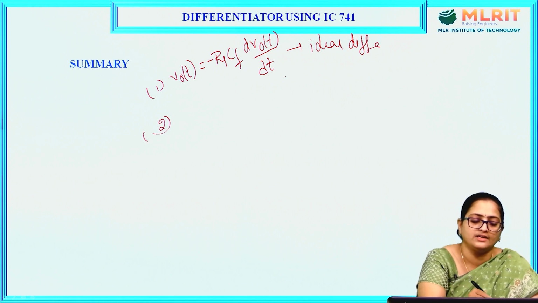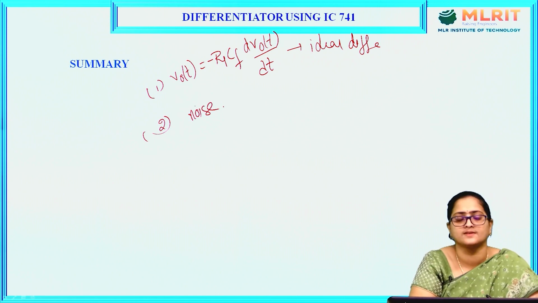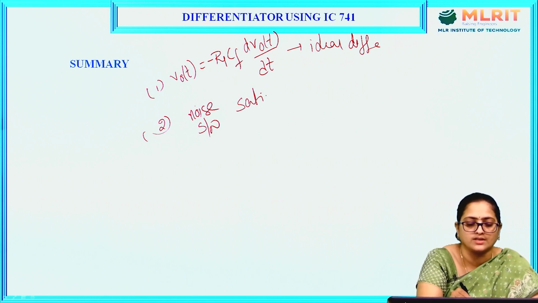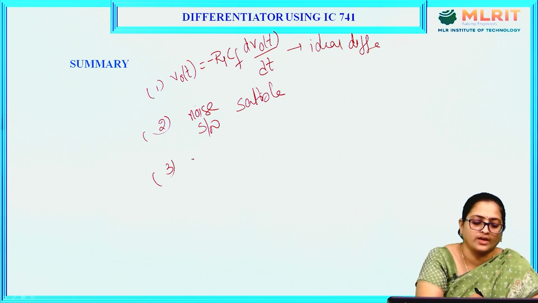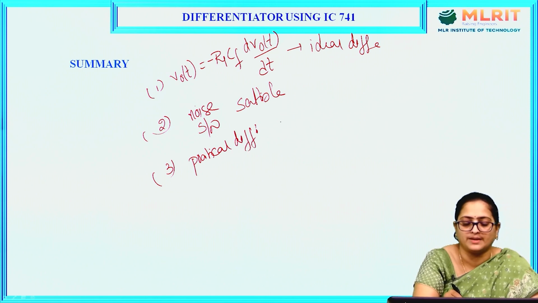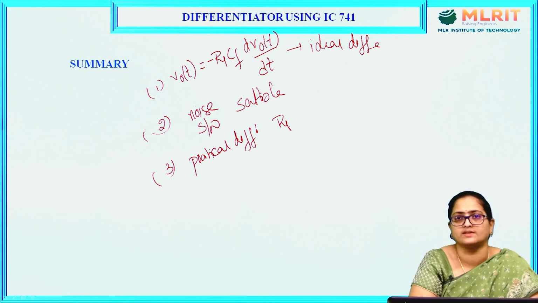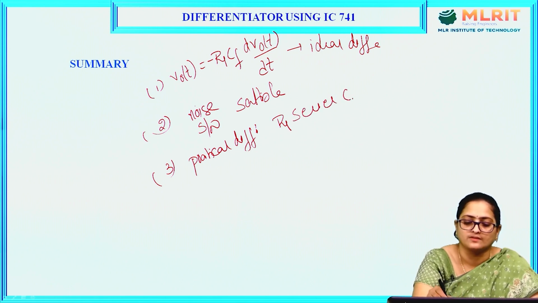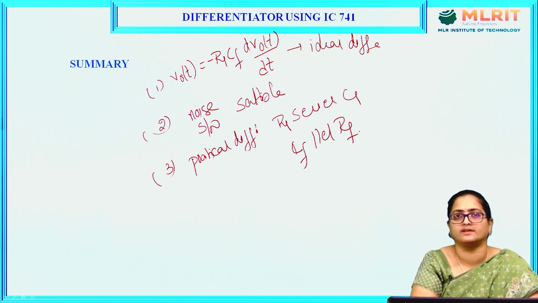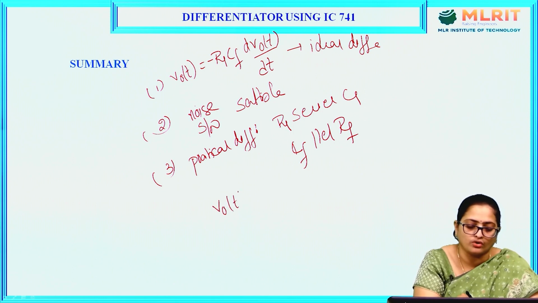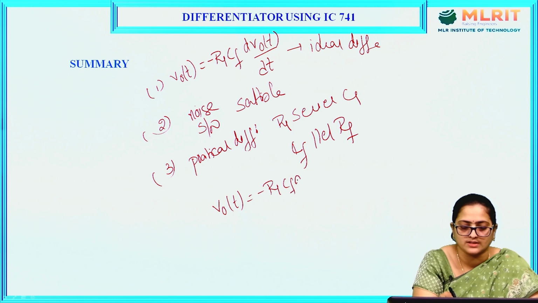Then, as the ideal differentiator provides more noise, a poor signal to noise ratio, and is not stable, we have gone through a practical differentiator by placing a R1, that is an input resistor, in series with C1 and the feedback capacitor parallel to a feedback resistor, and we derived V0 of t equals minus R1 CF dVi by dt.